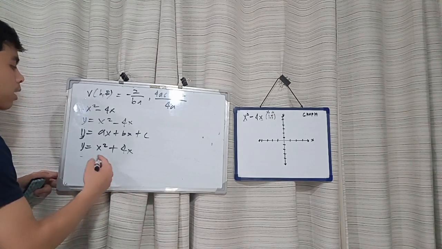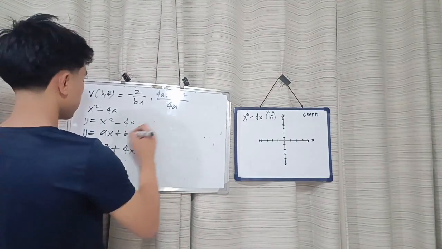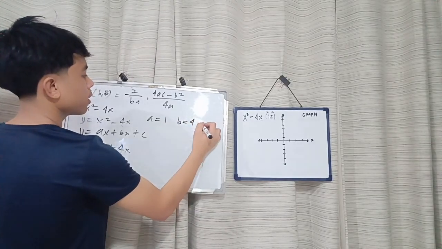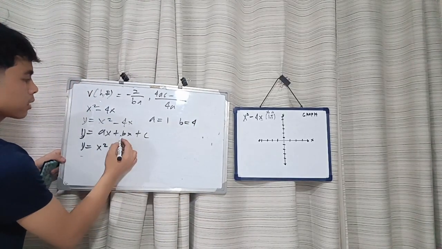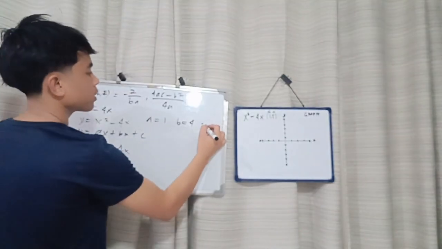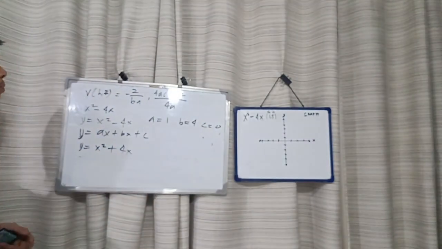Since we have the answer, our A is 1, our B is 4 since it is 4x, and our C is 0.